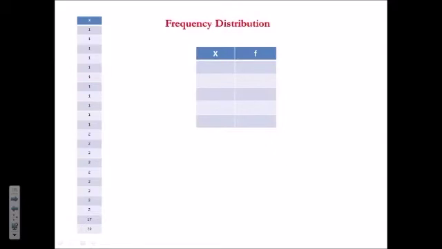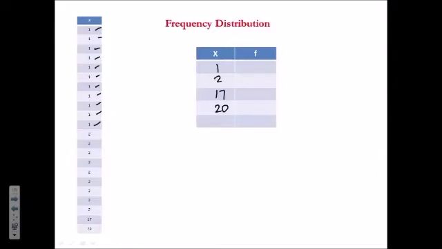Let's construct a frequency distribution table for these individual scores. The individual scores are 1, 2, 17, and 20. How many 1s do we have? 1, 2, 3, 4, 5, 6, 7, 8, 9, 10, 11.